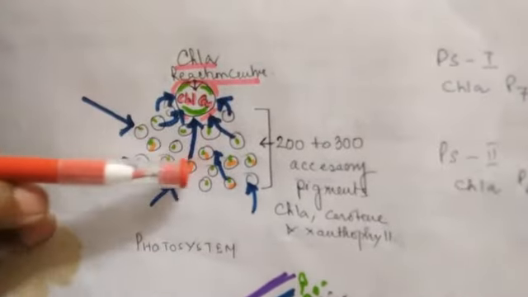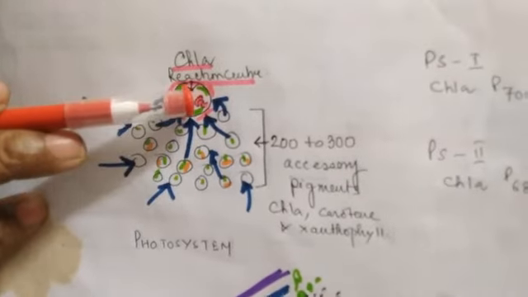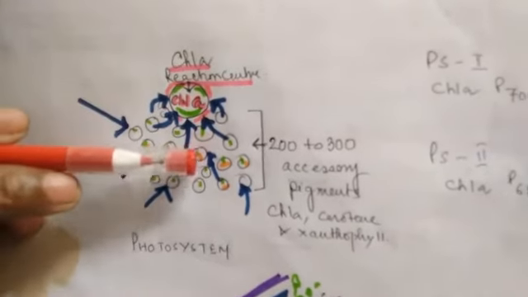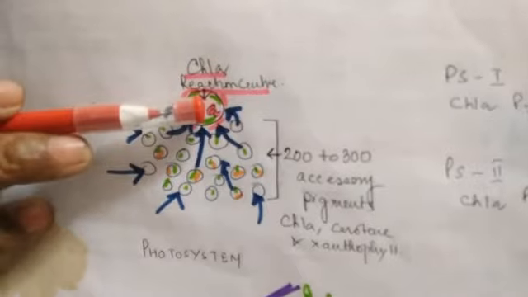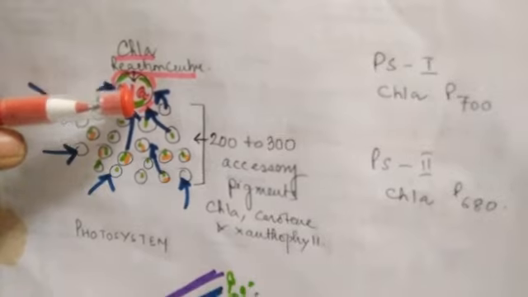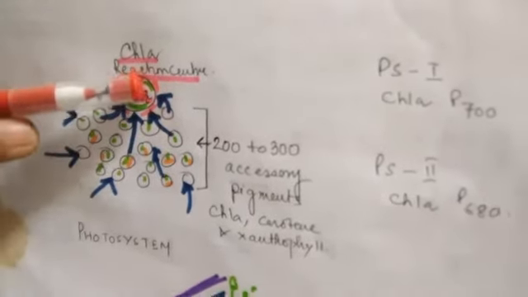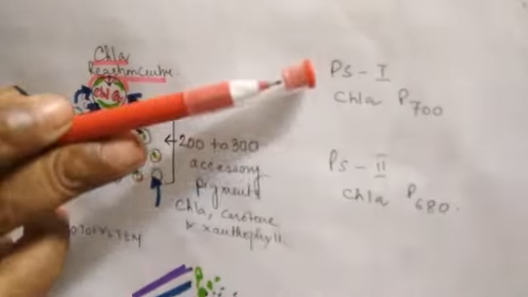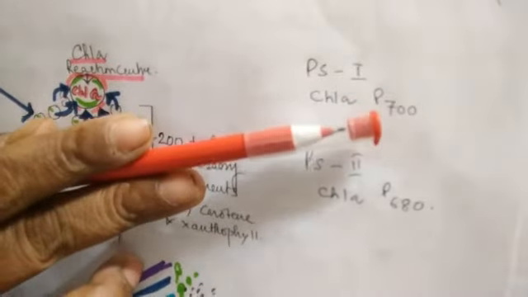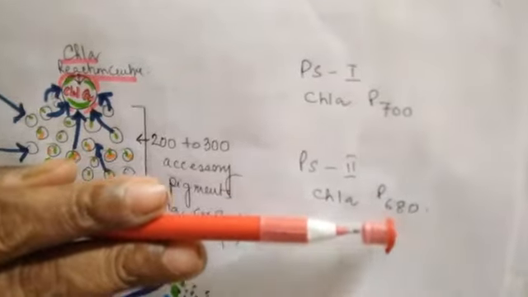But as the accessory pigments absorb various wavelengths, chlorophyll A does not get such intense light that it could undergo photo-oxidation. So accessory pigments absorb various wavelengths and protect chlorophyll A from photo-oxidation. So there are two photosystems: photosystem 1 with central chlorophyll A P700 and photosystem 2 with central chlorophyll A P680.